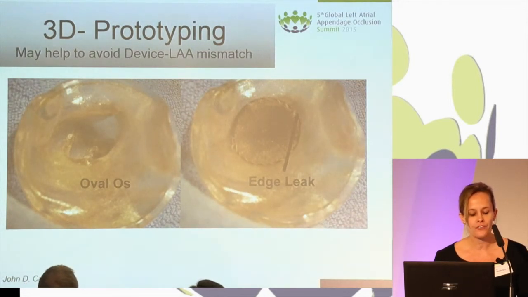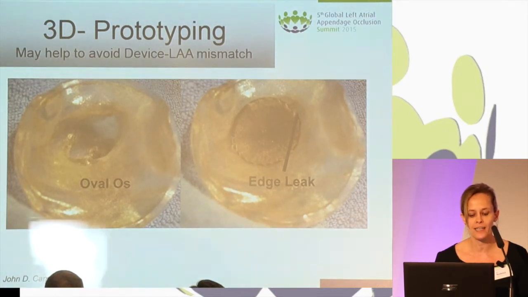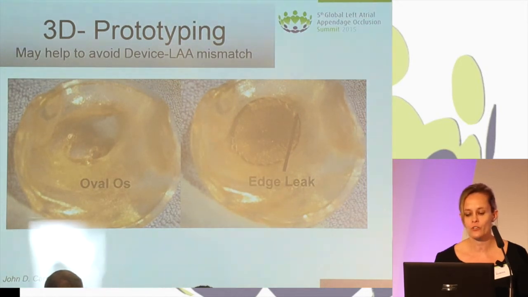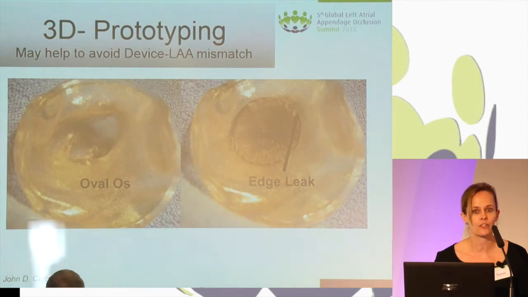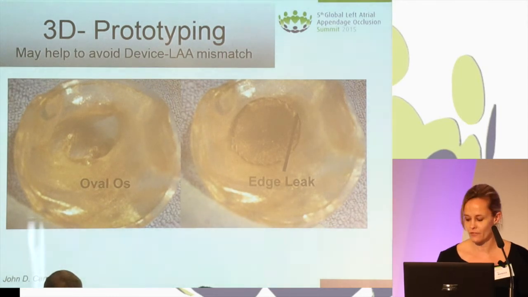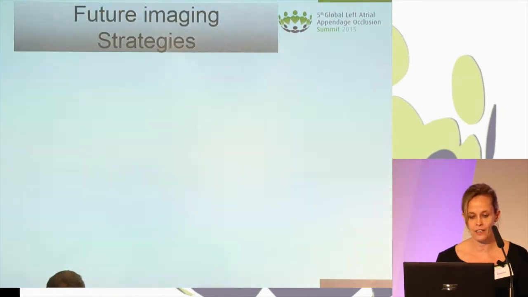And if you have such a model in advance, it could also help to look for the best size of your device, because you could have a look in advance if you have any residual leakage around your device in the specific heart.